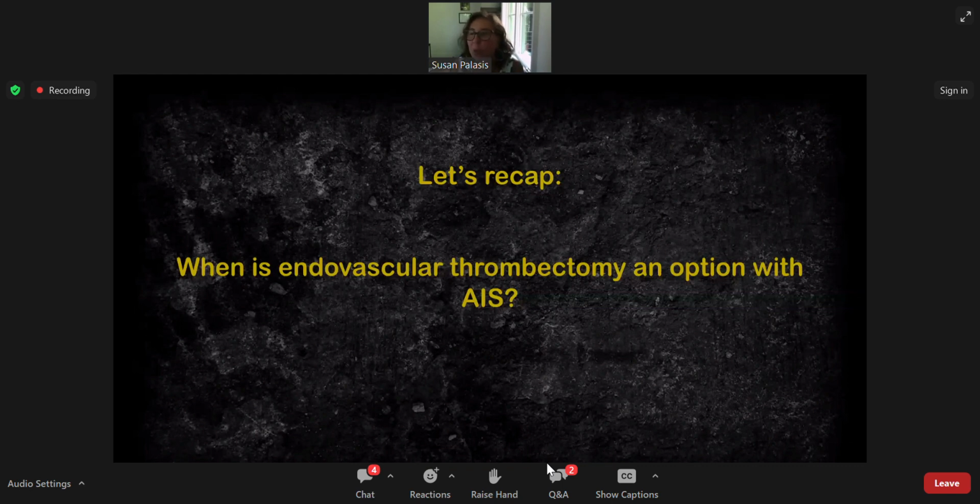Okay, so just as a recap, when is endovascular thrombectomy an option with acute ischemic stroke? We like to go by the strict rules from the 2015 trials that we call the Big Five. That's going to be no blood that's causing the symptoms, not too much territory infarcted, and there has to be a large vessel occlusion.